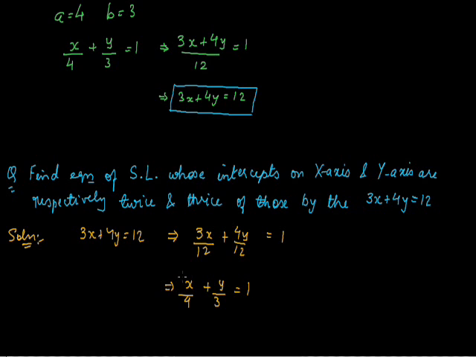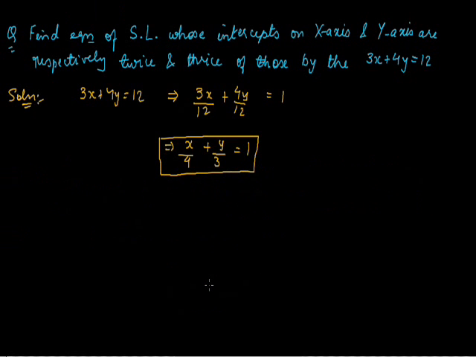So in the intercept form, I have denoted my given line in this way: x/4 + y/3 = 1. By comparing with the intercept form, I'll get a = 4 and b = 3.